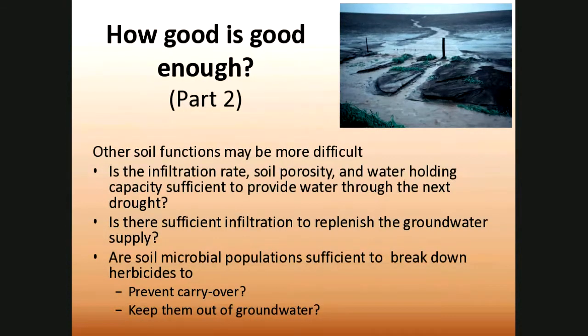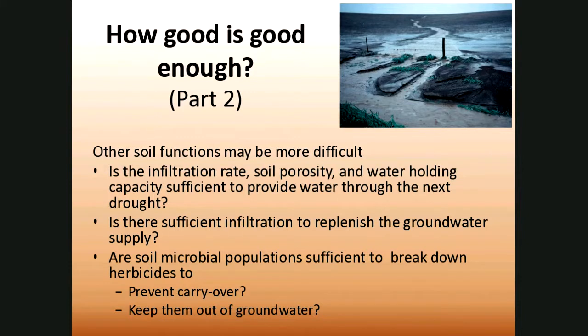You know, if your infiltration rate, your soil porosity, water holding capacity, is it sufficient to provide enough water through the next drought? And that's not a super good question, because if you have a bad enough, long enough drought, you may not be able to hold enough water in your soil, even if it's the healthiest soil in the world.